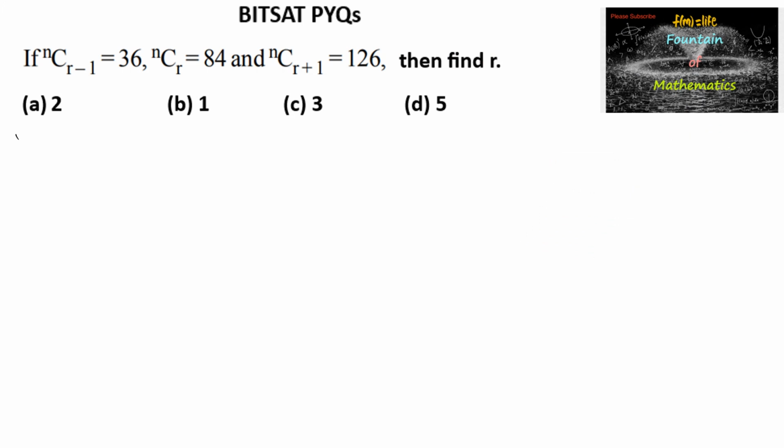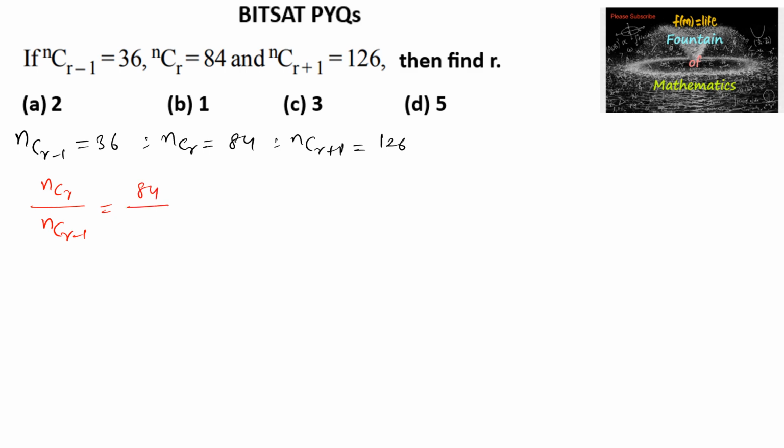Given nCr minus 1 is equal to 36, nCr is equal to 84, and nCr plus 1 is equal to 126. So here we can write nCr upon nCr minus 1 is equal to 84 upon 36, and nCr plus 1 upon nCr is 126 upon 84.